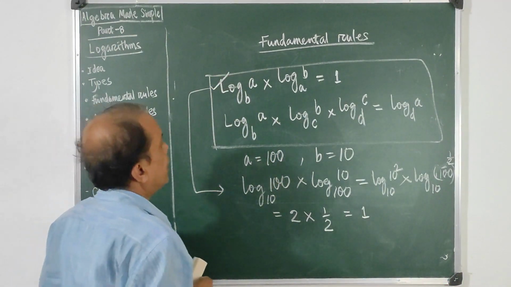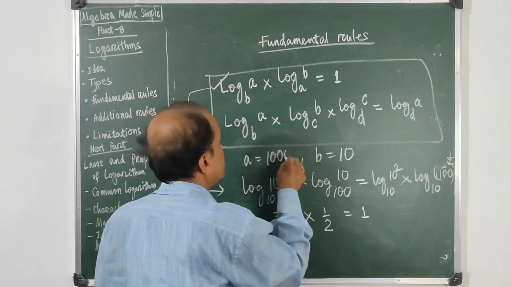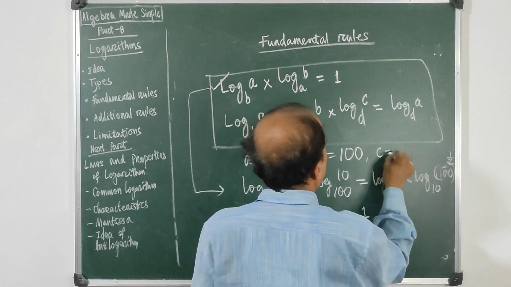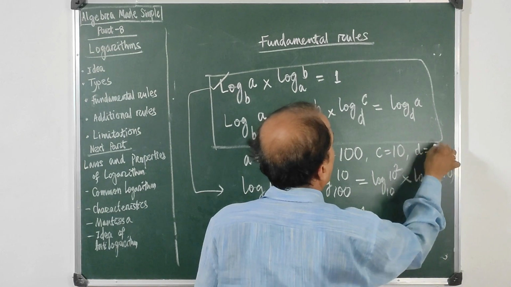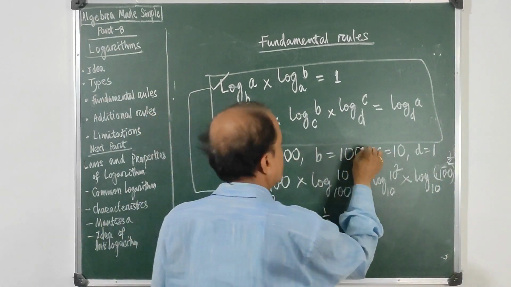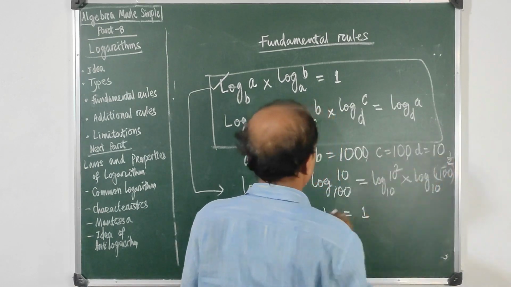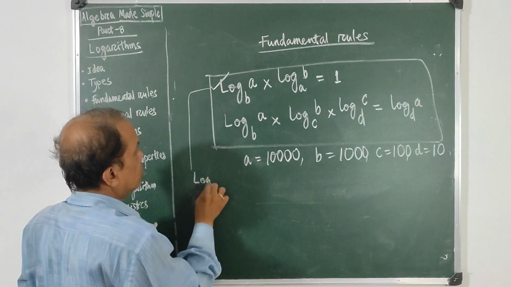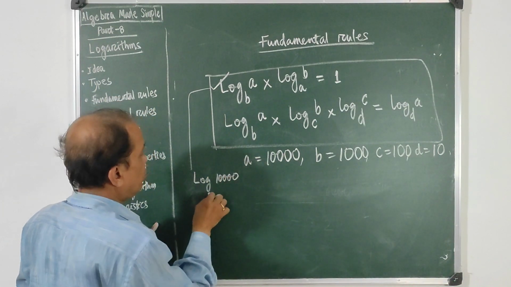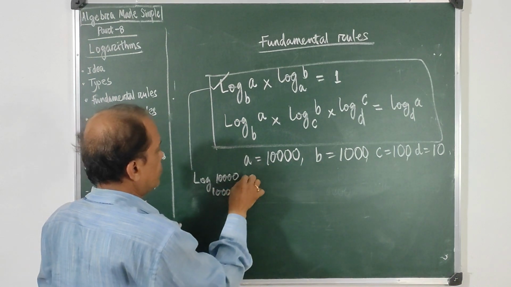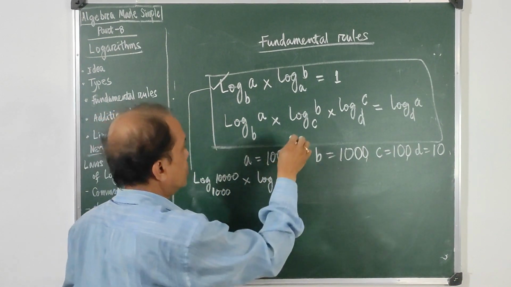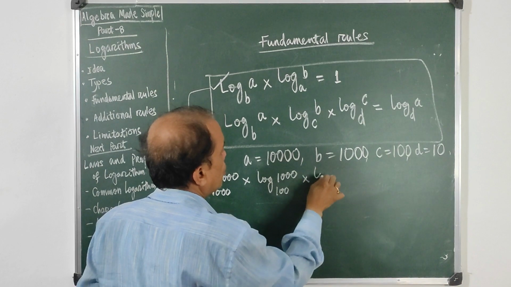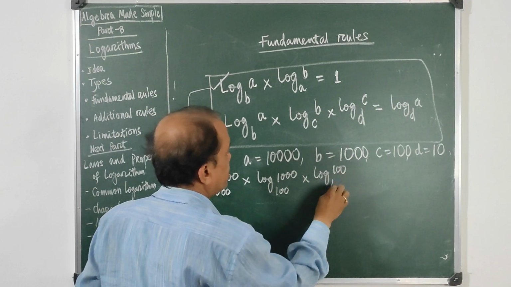Let us take A is equal to 10,000, B is equal to 1000, C is equal to 100 and D is equal to 10, and let us prove this rule. Log 10,000 to the base 1000 into log 1000 to the base 100 into log 100 to the base 10.